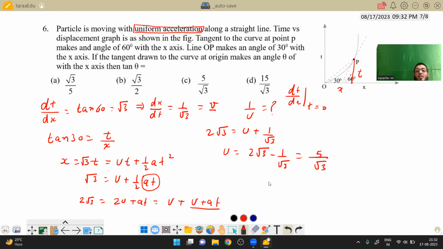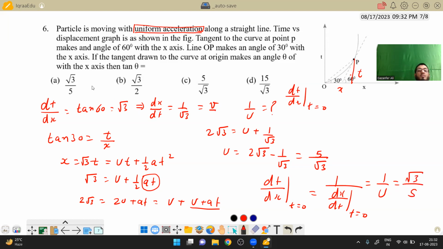So this will be 5 by root 3. So what is dt by dx at t is equal to 0? It is 1 by dx by dt at t is equal to 0, and dx by dt at t is equal to 0 means u. So this is 1 by u. So this is equal to root 3 by 5. So this is the answer, root 3 by 5.